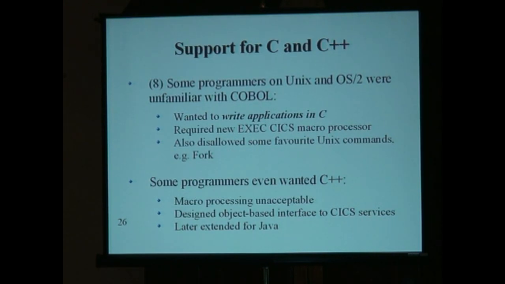To my mind, there was an argument there about whether you design the object-oriented interface to look familiar to a CICS programmer or familiar to an OO programmer. And that was a circle that you couldn't square. You need both. So that still evolves, but later we extended that for Java.